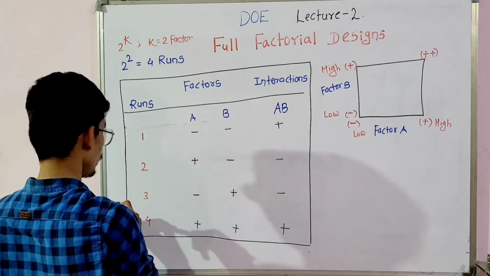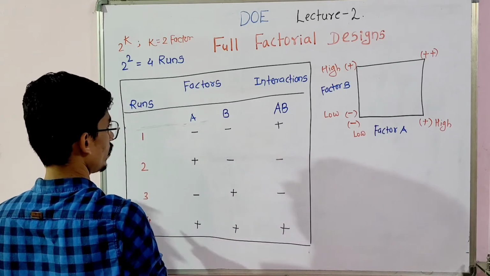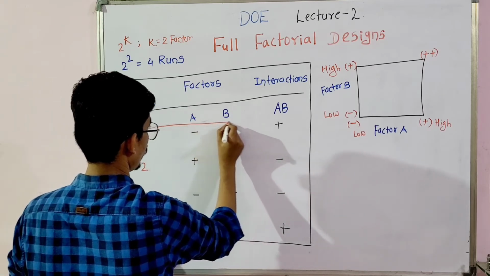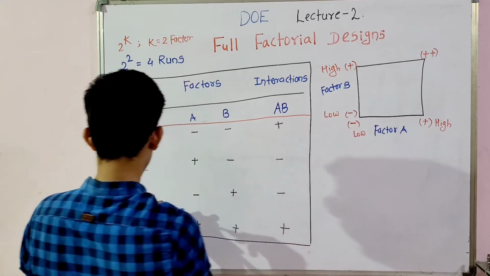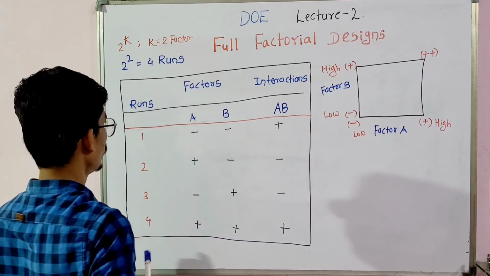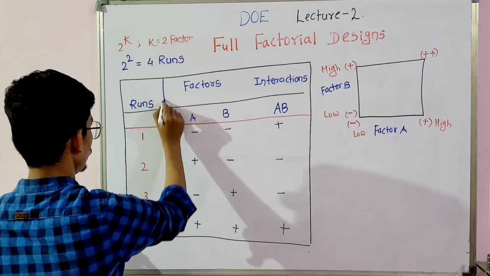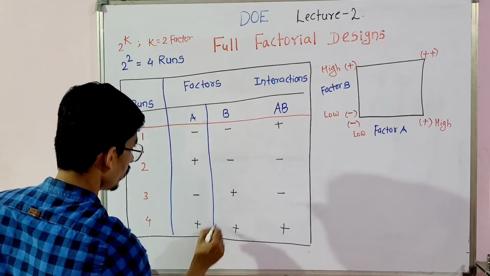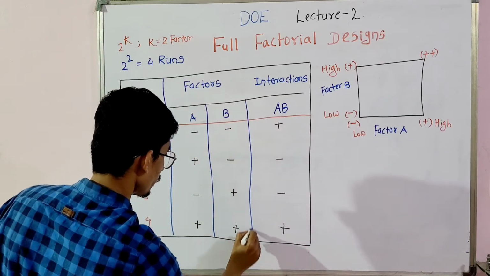Just wait, I will use a different pen over here so that it is very easy to interpret the results. And this is 4 runs we are getting over here.